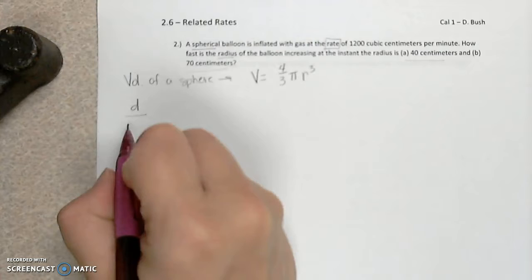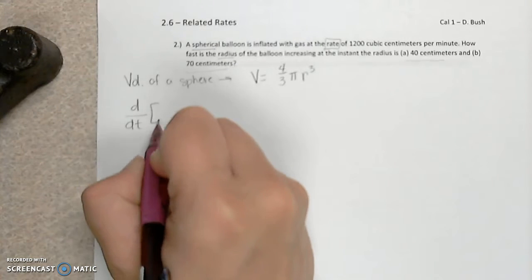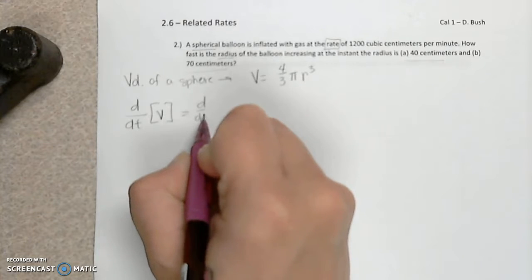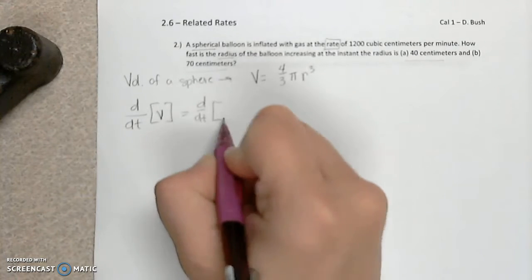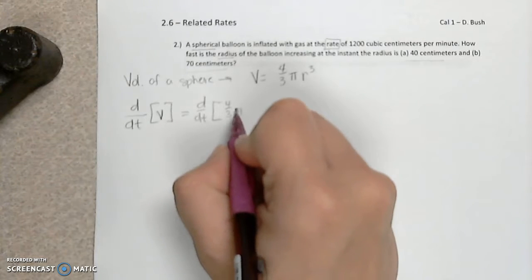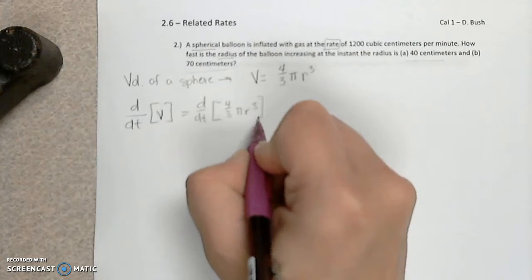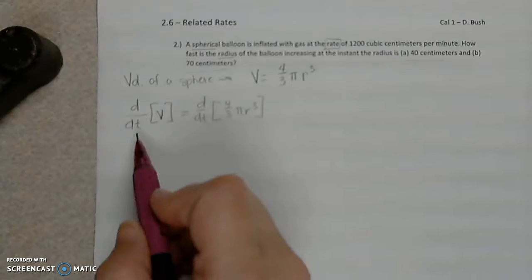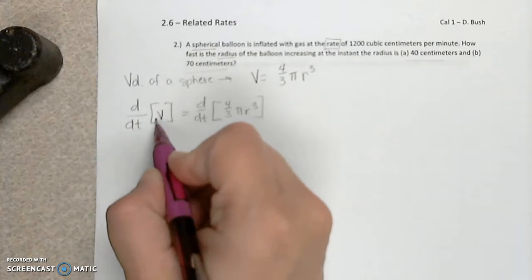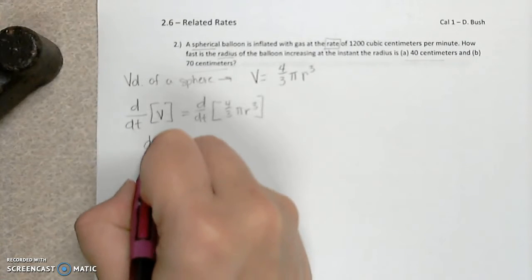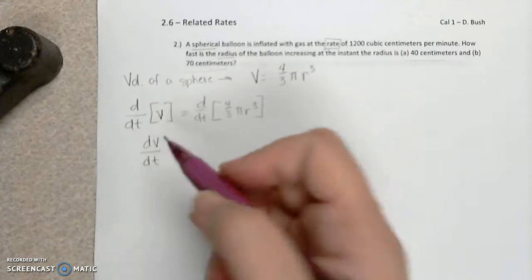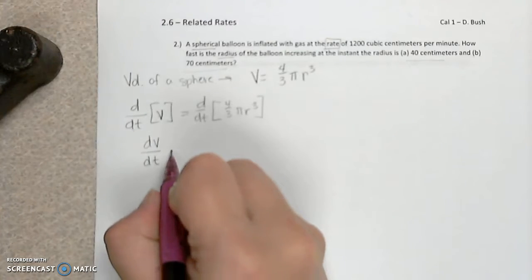What information we may need to substitute. I'm going to take the derivative of both sides with respect to t. And instead of writing out all the steps, I'm going to do like I did last time, just do the derivatives as I go. The derivative of v with respect to t, I'll have dv over dt.